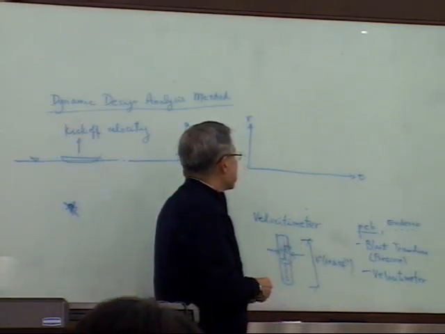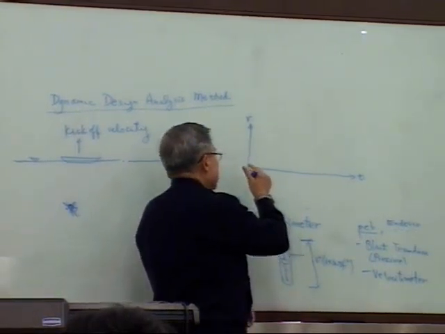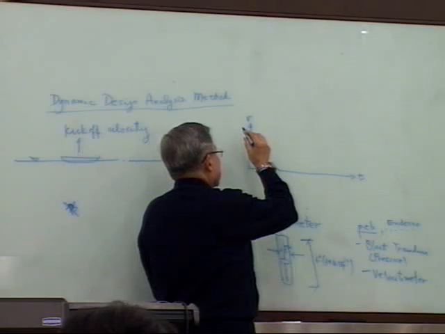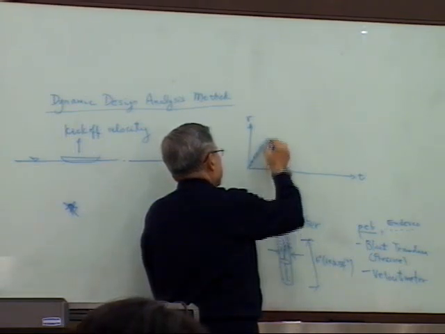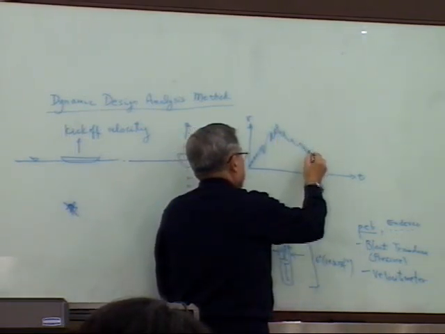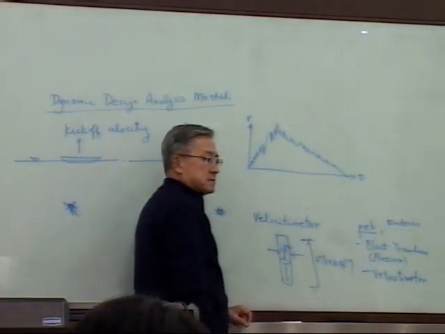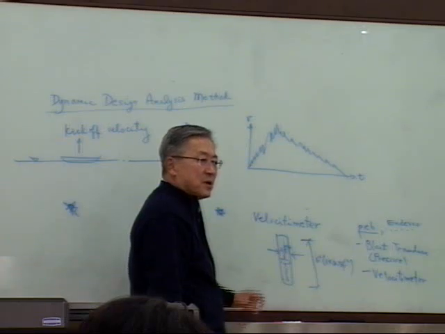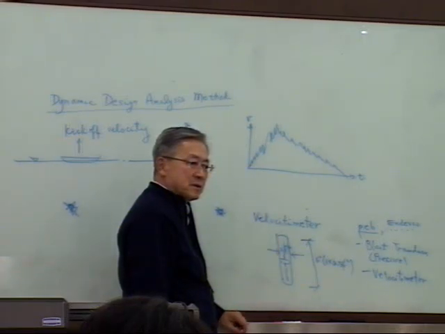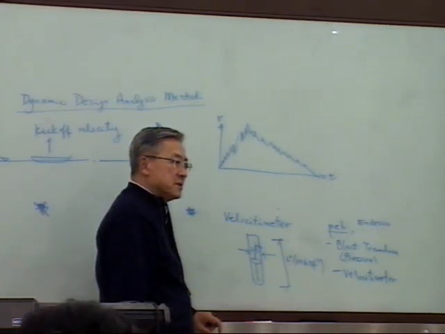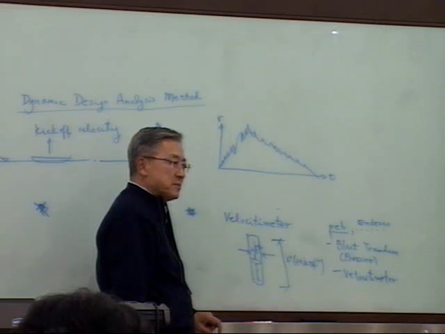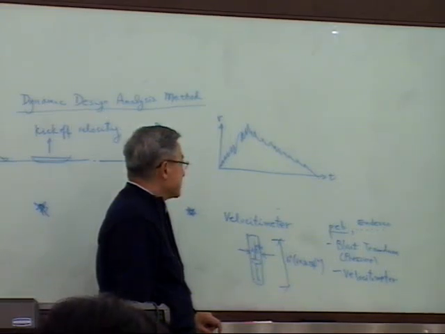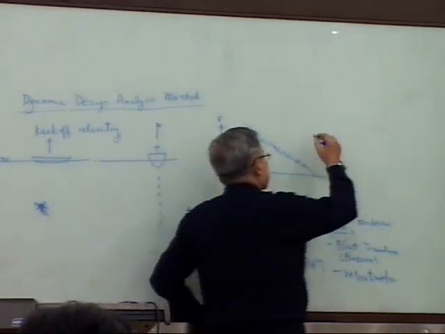So if I draw this, the kickoff velocity versus t, usually like this. For the surface ship, I'm just drawing very general. What I'm claiming here is, in general, a triangular shape of kickoff velocity.